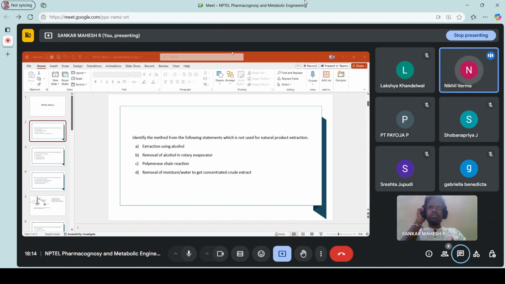It is for extraction of particular compound. It depends on its nature, if it is aqueous soluble or fat soluble, lipophilic. Based on its solubility, we use the solvent. Right. And most of the compounds that we deal with in the natural products, do you think they are hydrophilic or hydrophobic?